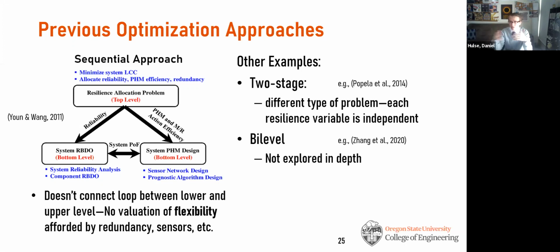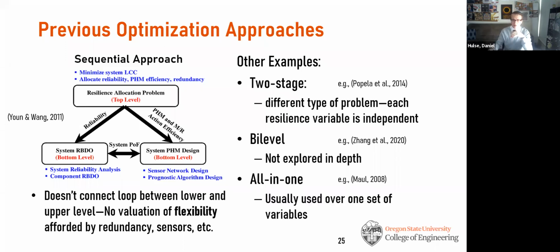There have been a couple of examples of this, but it hasn't really been explored in depth. And then additionally, you have all-in-one structures that are put out pretty commonly, usually over just one set of variables and not one of these combined design, operations, and resilience optimization problems.